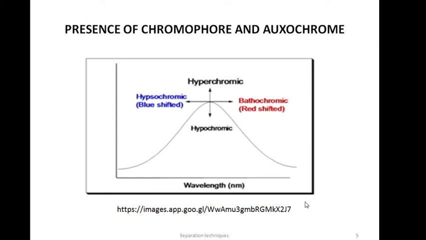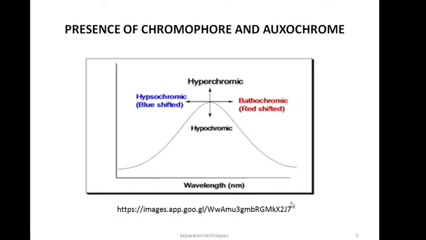Next, what is the use of a UV visible spectrophotometer or the UV visible spectrum which you get? You can predict whether you have a chromophore or an auxochrome. Say you have carried out a reaction and you have introduced a chromophoric group.